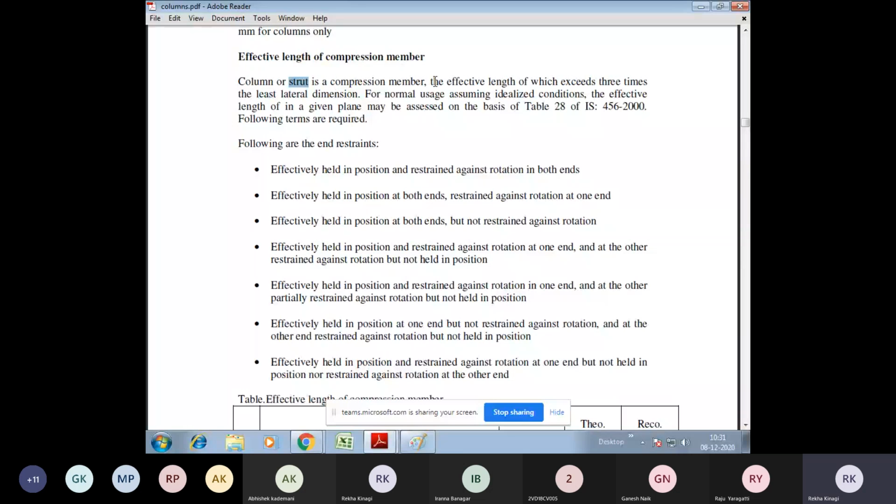A strut is a compression member, the effective length of which exceeds 3 times the least lateral dimension, as we have defined previously. And for normal usage, assuming idealized conditions, the effective length in a given plane may be assessed based on table 28 of IS 456-2000.